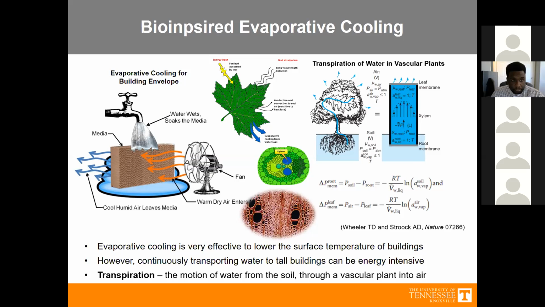So one of the things we're looking at right now is to see how vascular plants, particularly tall trees, draw water from ground level to high locations at the top of the plants through the transpiration process. What we've been looking at is basically a combination of geometry plus material.